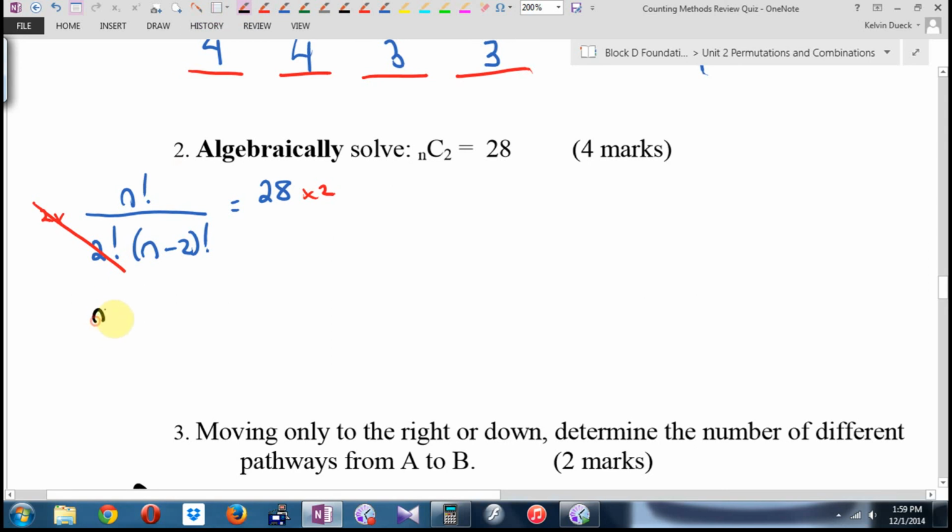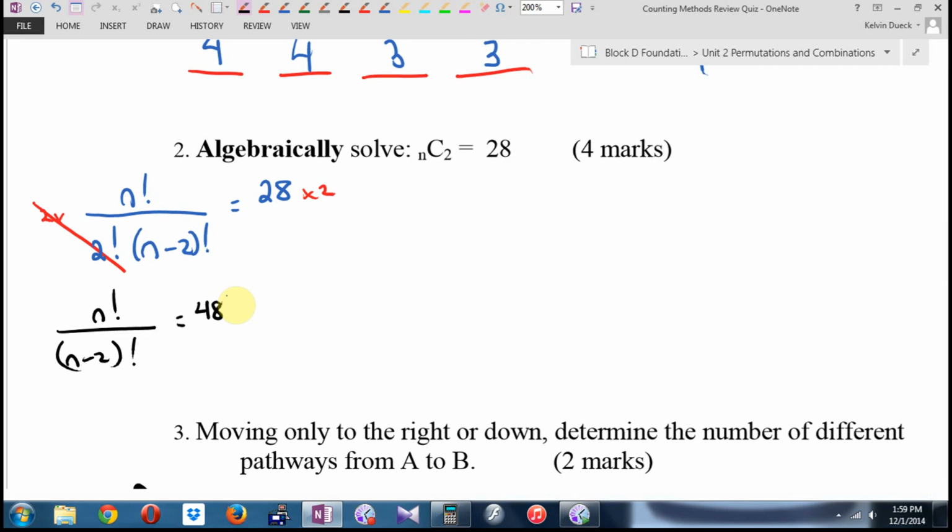I'm going to get... Taylor, I can't just cancel out a factorial. What I can do is expand one of these so that I get the identically matching factorial term. I got an n, I got an n minus 2. Which one's bigger? 28 times 2. 56.